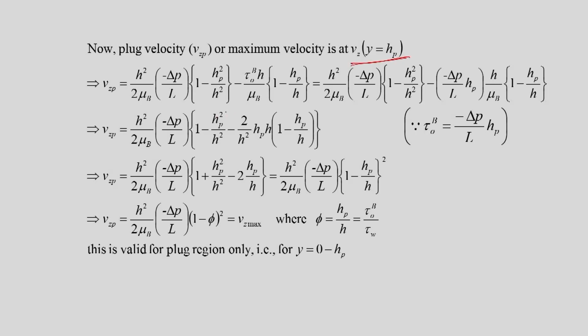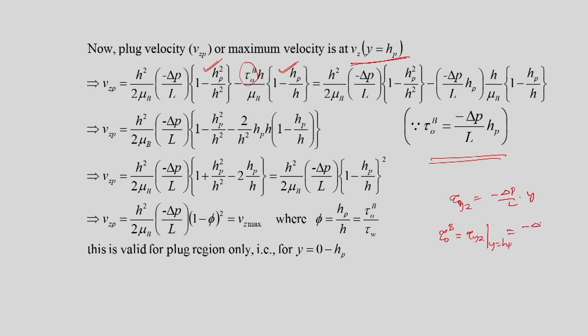So, that is what we do here: wherever y is there, in place of y square we have written h p square, and in place of y we have written h p. Then, in the second step, in place of tau naught b, we write minus delta p by L h p, because we know that tau y z equals minus delta p by L y, and tau naught b is nothing but tau y z at y equals h p.